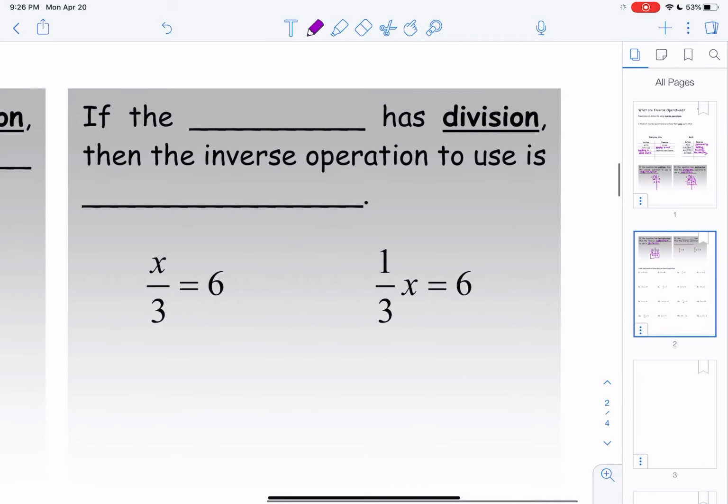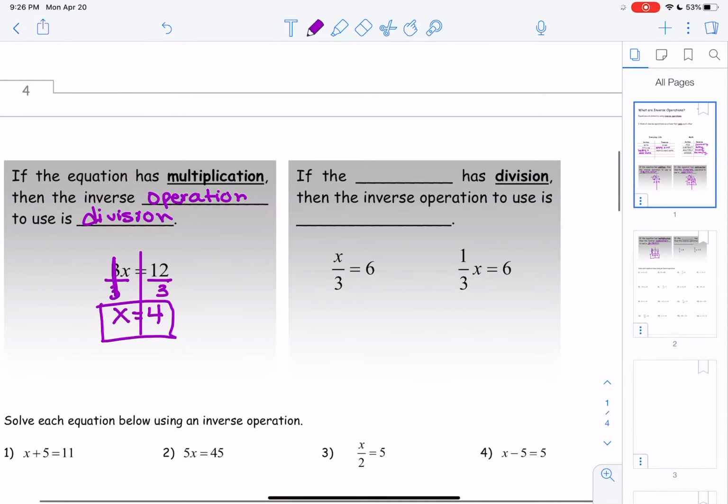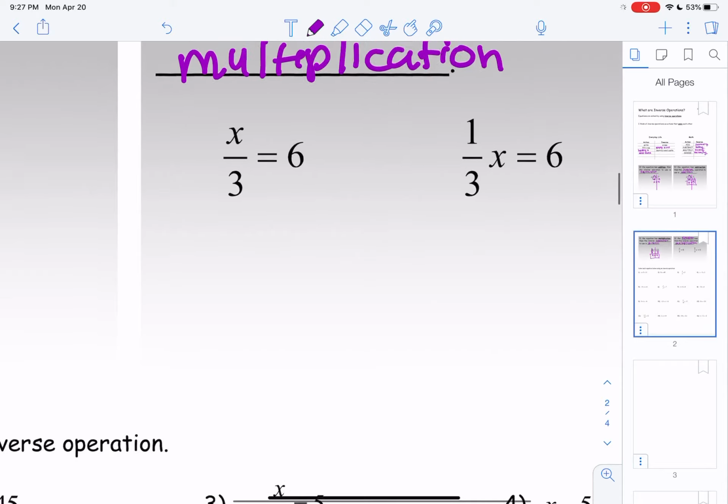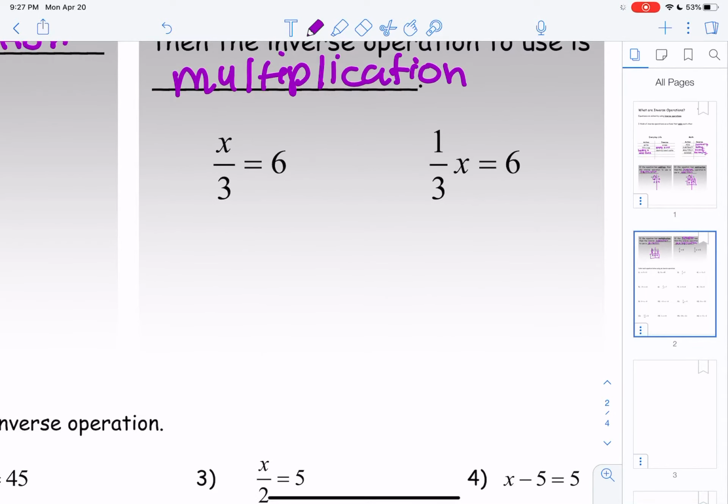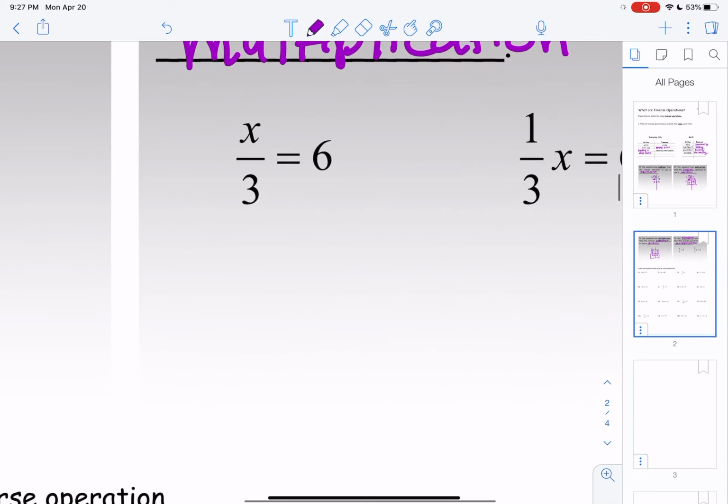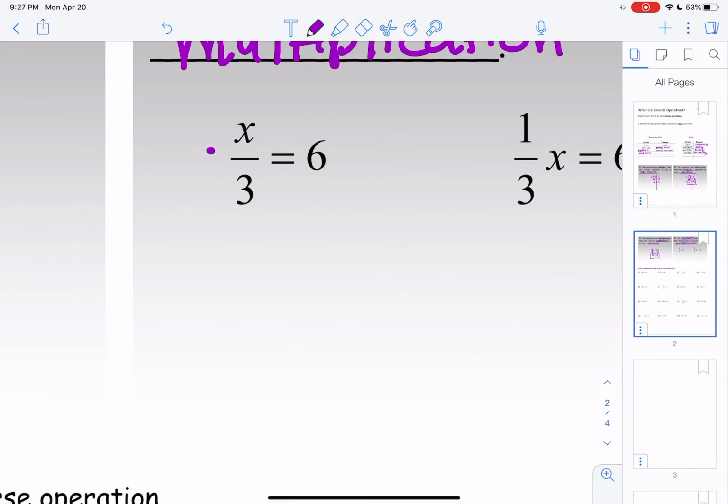Let's move on to the next one. If the equation has division, then the inverse operation to use is multiplication. Okay, let's look at this problem. It's the same problem, but written in different ways. I'm going to multiply by 3 because I'm dividing by 3. What I do to one side, I have to do to the other.